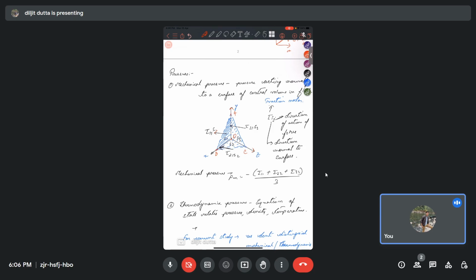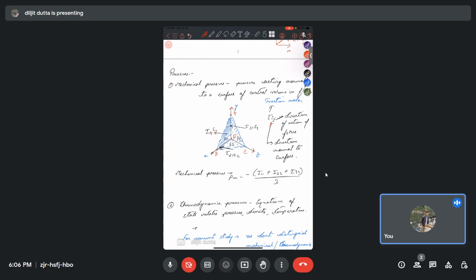So if the force is acting in the z direction, then j will be in the z direction. And the first component i is the direction normal to the surface. Suppose a force is acting, be it a shear force or a normal force, on the surface. The normal vector to the surface will correspond to the i component.